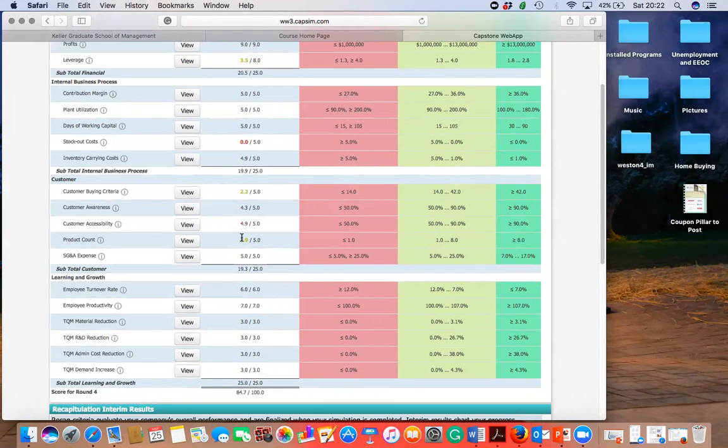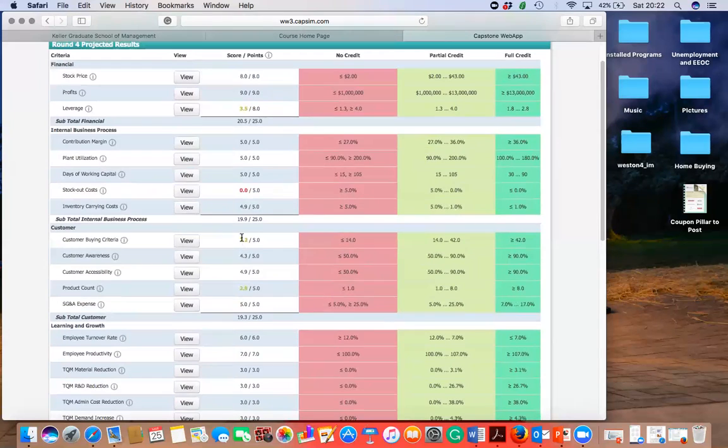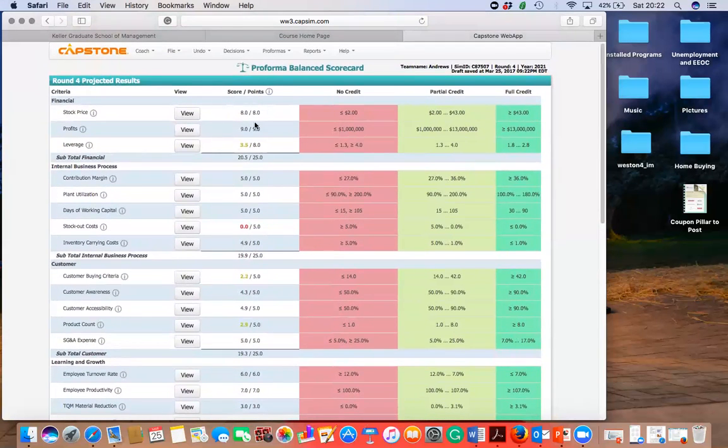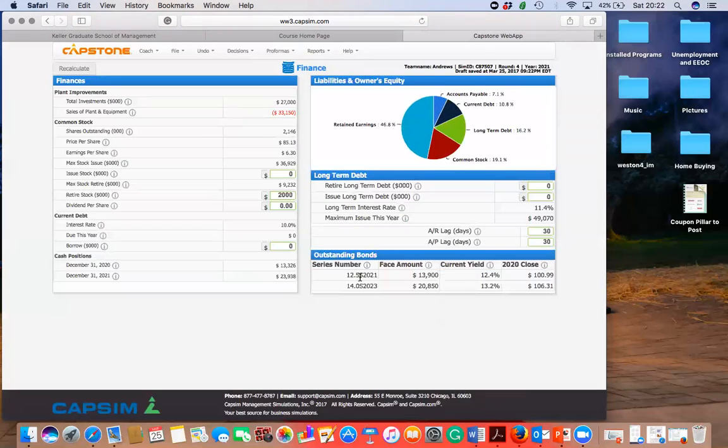Okay, there. Our leverage is down, so that would send us back to finance. Yeah. Okay. Let's retire some debt. That'll bring our leverage up.